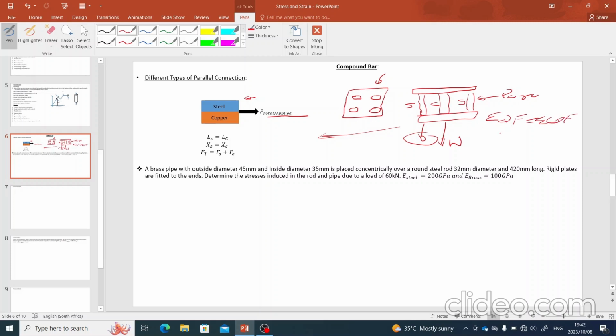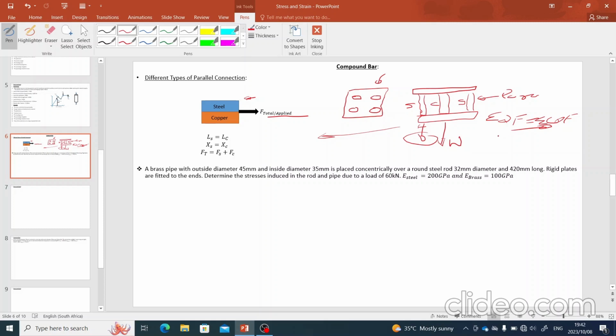When you are dealing with this type of parallel connection and this force is not at the center, and they would want you to calculate the distance from here to there, how you will calculate that distance and the force, more especially the distance, you will apply this equilibrium principle here.